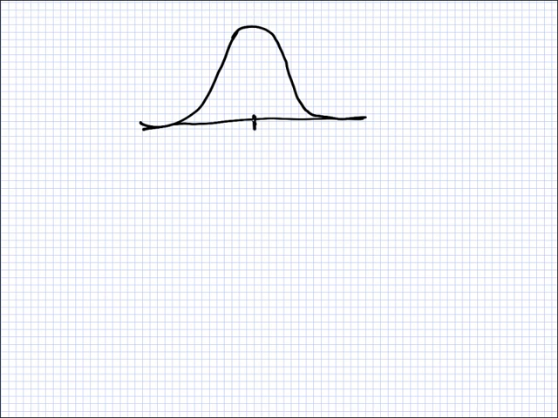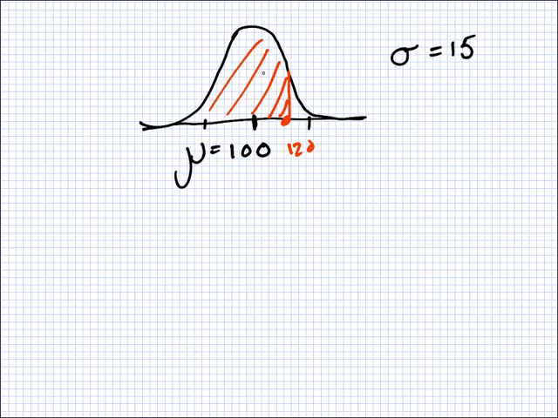The test is designed so that the average IQ score is 100, and so that the standard deviation is 15 points. Okay? So you might ask a question like, what's the probability that a randomly selected person will have an IQ of 120 or less? So that means you'd want to calculate this.